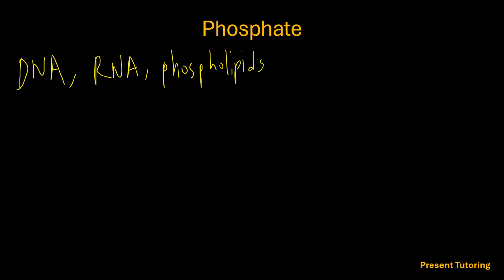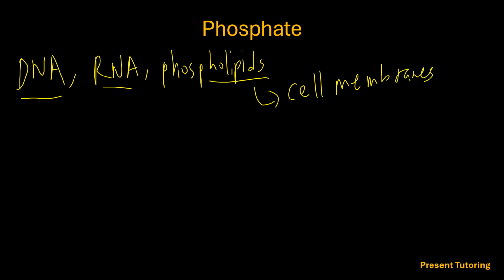These are all very critical structures, because DNA and RNA play a very important part in our genetic material. We need it for preservation of life. And the phospholipids are the majority component of our cell membranes, right? So we definitely do need the phospholipids as well.